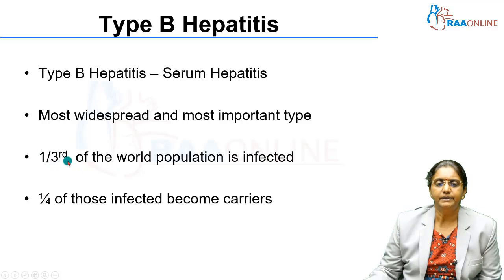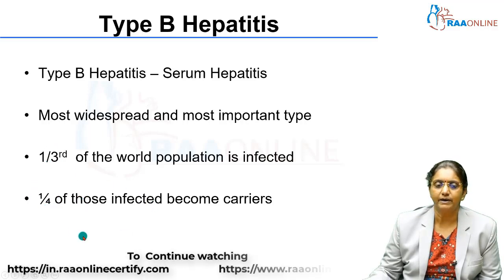And it is very unfortunate to note that 1/3 of the world's population gets infected with this hepatitis B virus. And of those who get infected, 1/4 become carriers. So it's a serious issue.